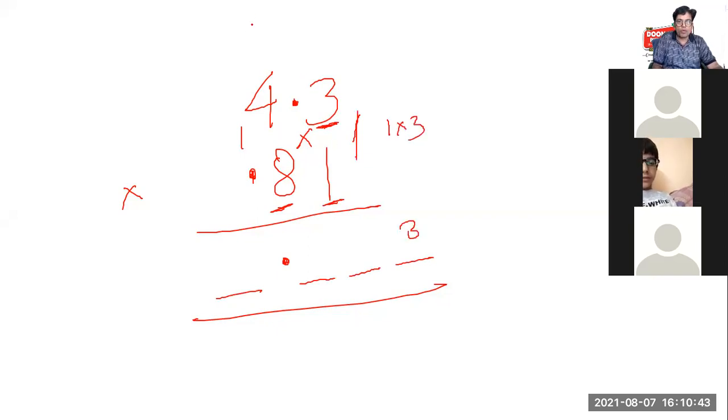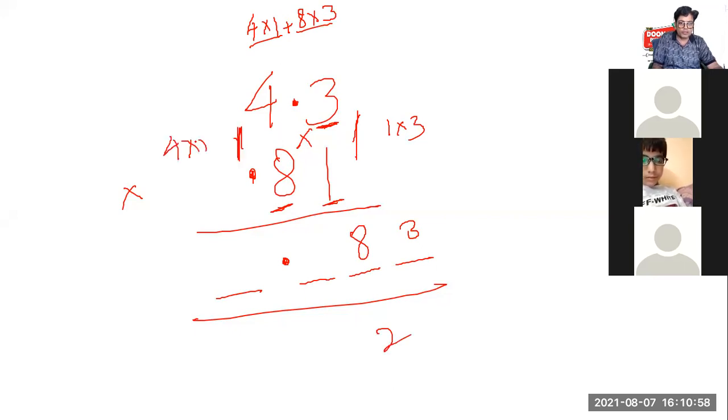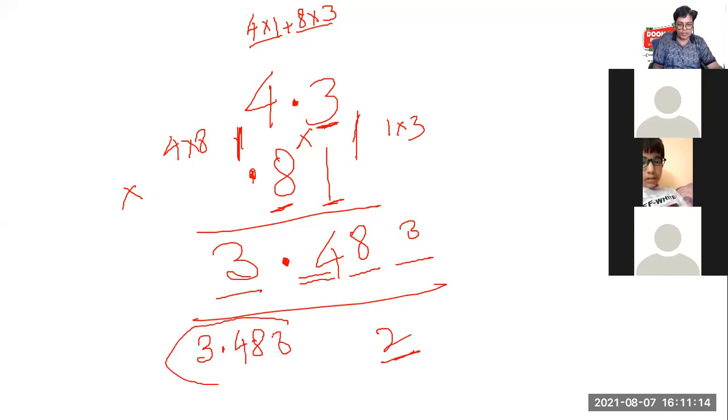Now cross, 4 into 1 plus 8 into 3. 4 into 1, 8 into 3, that is 28. Carry over 2. Now this one, 4 into 8 is 32. 32 and 2 is 34. So decimal has been put after 3 digits. Answer will be 3.483.